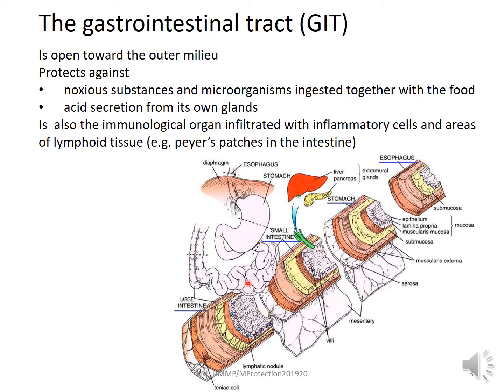These Peyer's patches are involved in immunological reactions and are very important in protection against infection and inflammation. That's why our GIT is considered one of the immunological organs in our body.